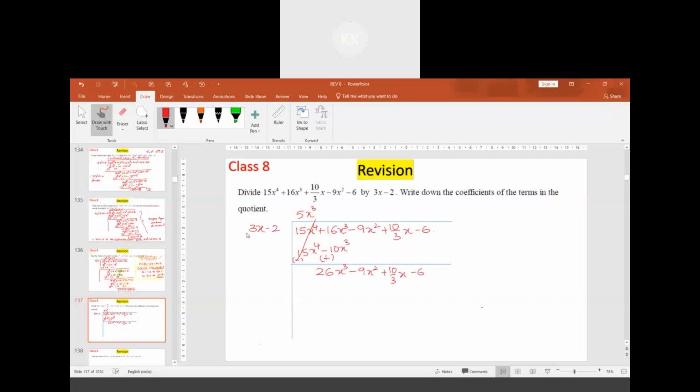Here we have 3x. So when 26x cube is divided by 3x, x will get cancelled. Here x square will remain. So 26x square by 3 remains. So we have to take here plus 26 by 3 x square.